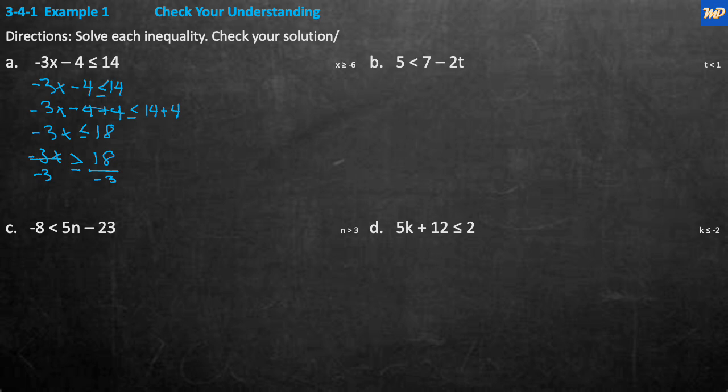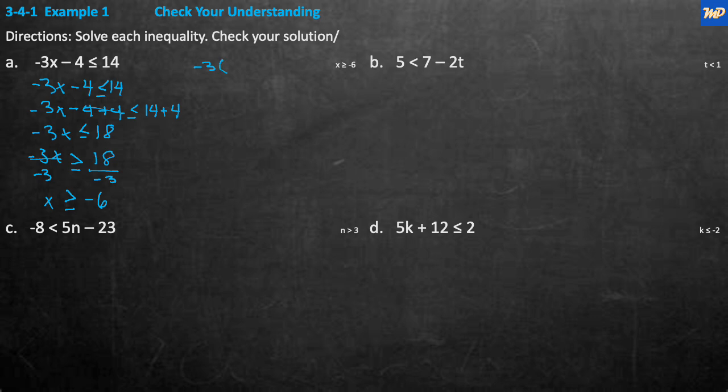The solution here is x is greater than or equal to 18 divided by negative 3, which is negative 6.